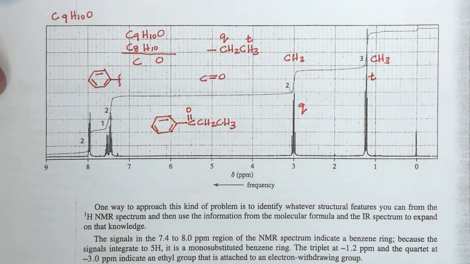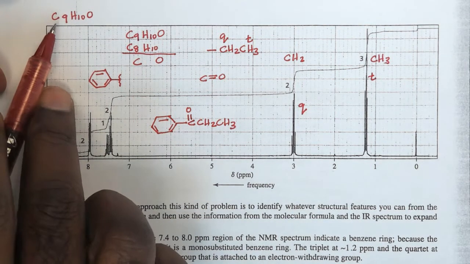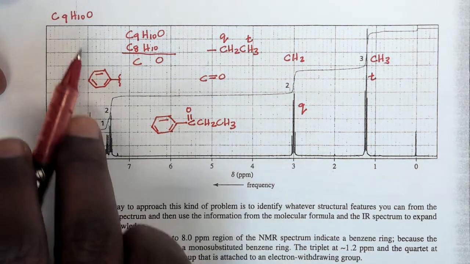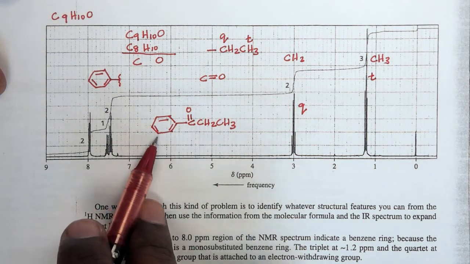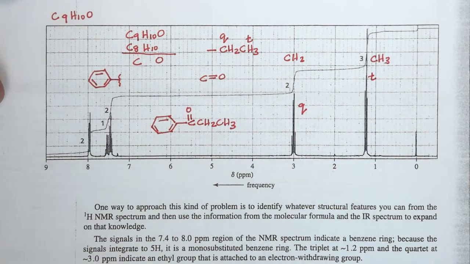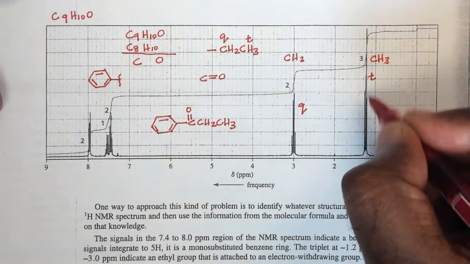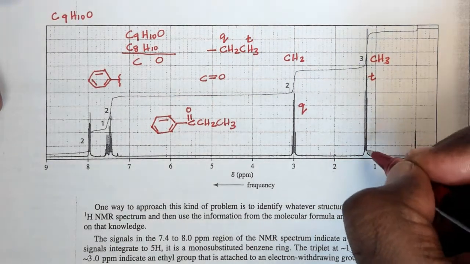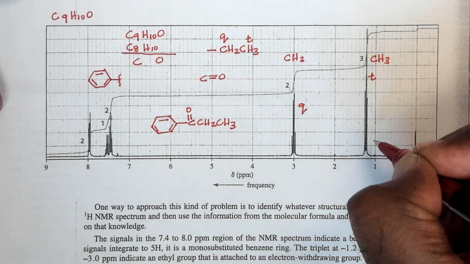If I analyze this structure, firstly look at the molecular formula: C9, H10, and one oxygen, and this satisfies the molecular formula. The methyl group is a triplet around 1, and I have that peak here.